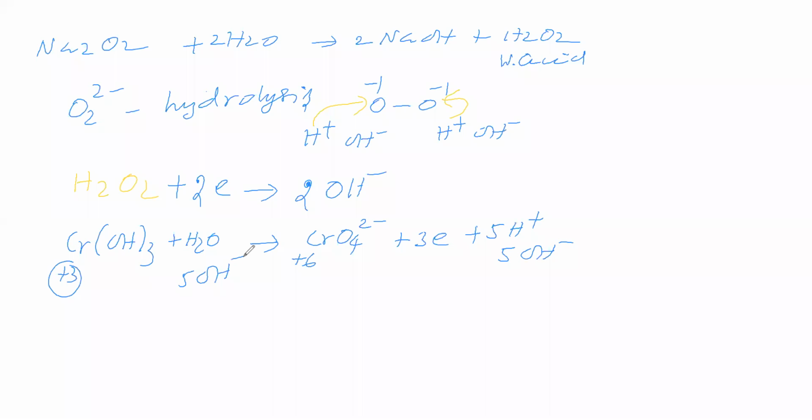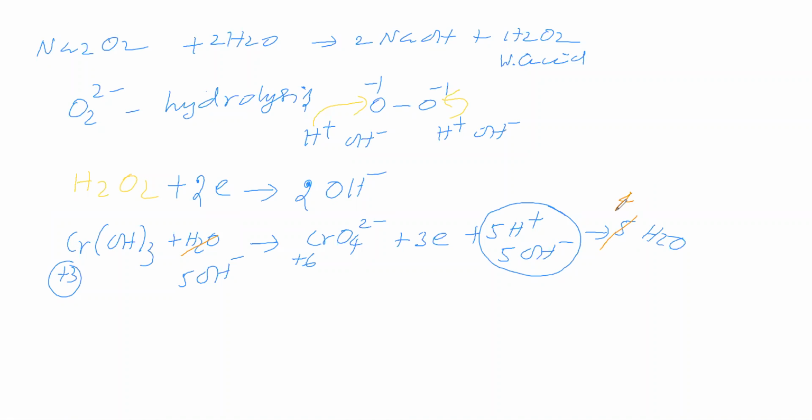Why are we writing OH minus? Because the medium is basic, so we have to remove this H plus. To remove H plus, we are writing 5OH minus here and 5OH minus here. This H plus and OH minus become 5 water molecules. Now let us cancel the water molecules. Here one water molecule cancels, and it becomes 4.